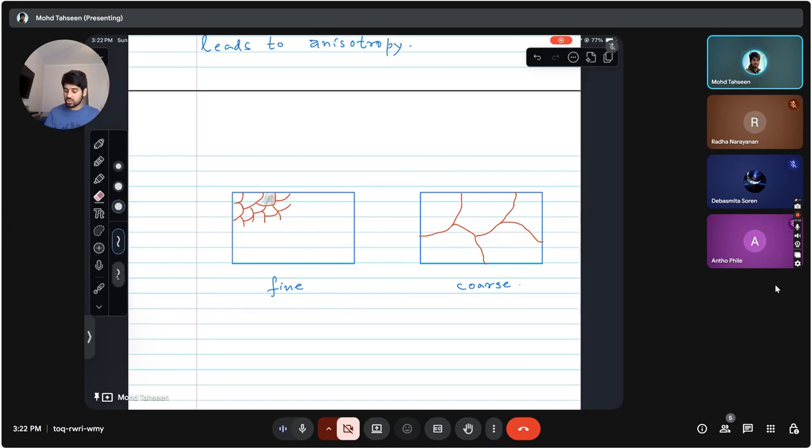But that's not true if the grain structure is coarse. If we have only a few grains, it might be possible that no grain is cancelling any other grain's effect. So that's why a fine grain structure leads to isotropic behavior, and a coarse grain structure leads to anisotropic behavior.